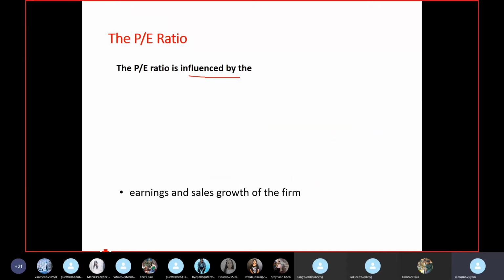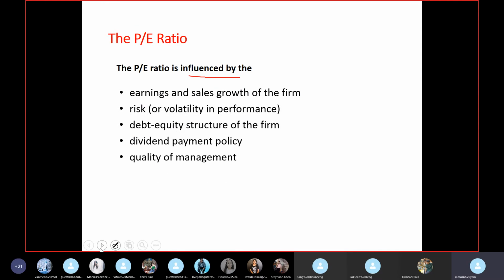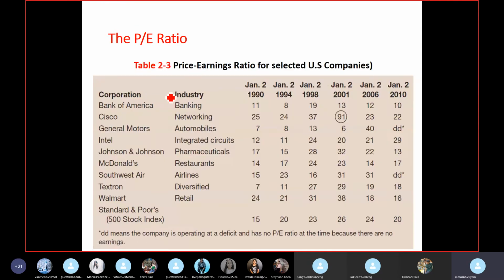Now look at table 2.3, which talks about the PE ratio of these companies. This is the corporation, this is the industry, and this is the year. Now look at the corporation Bank of America.